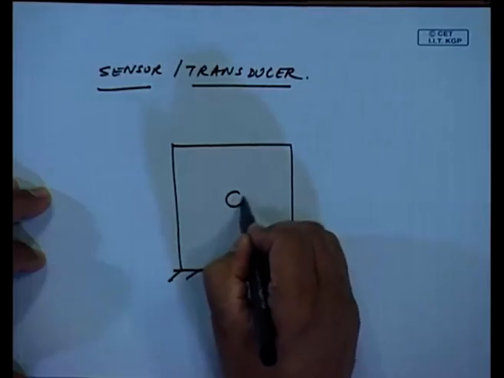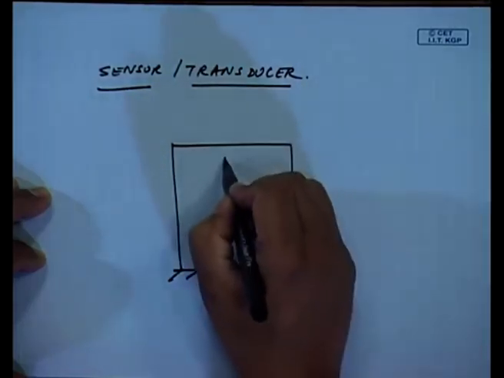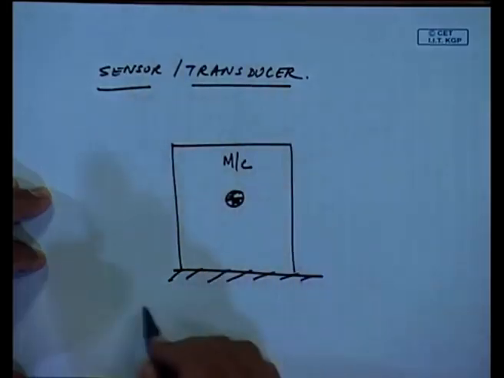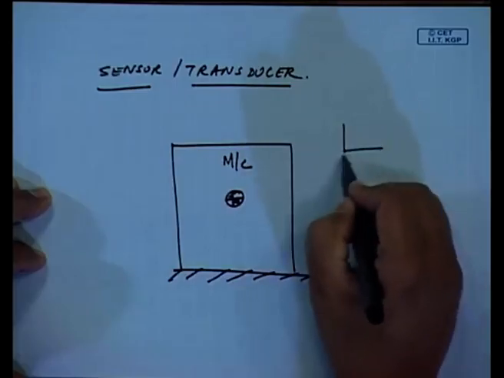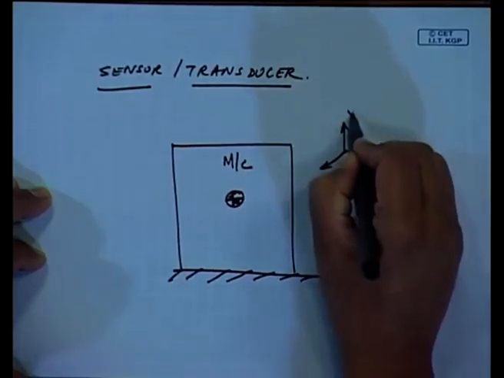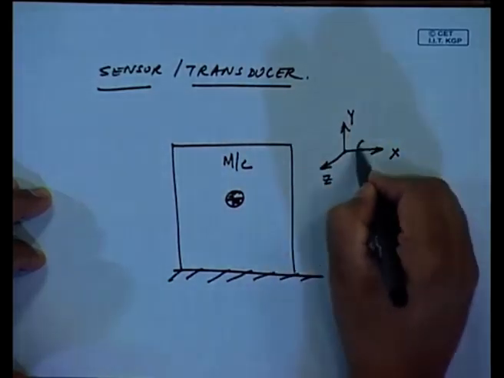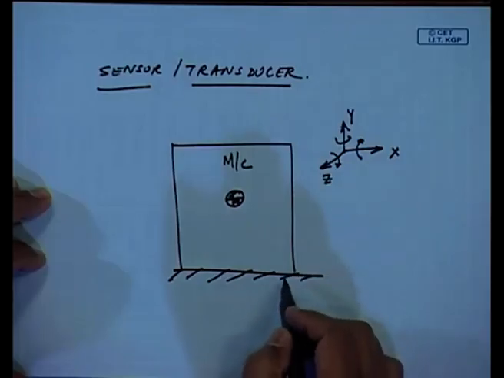So, this is my machine. There could be a lot of dynamics happening in this machine. It could have rigid body motions, or rotations.